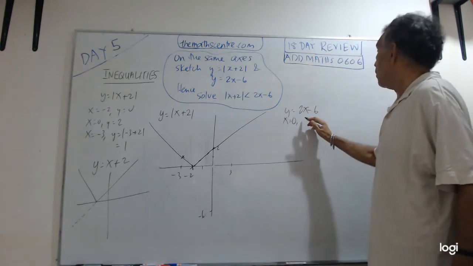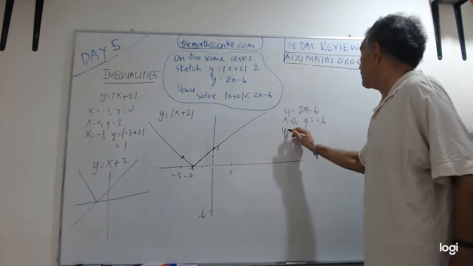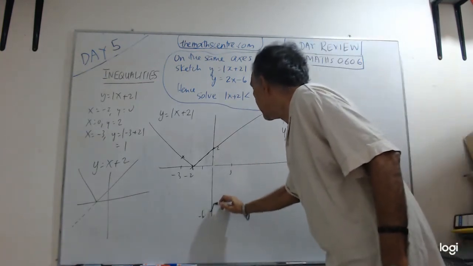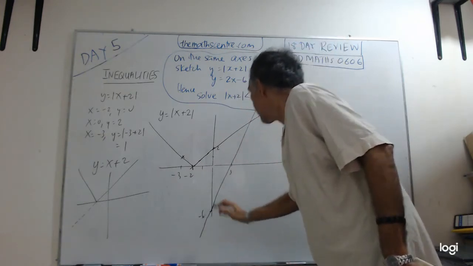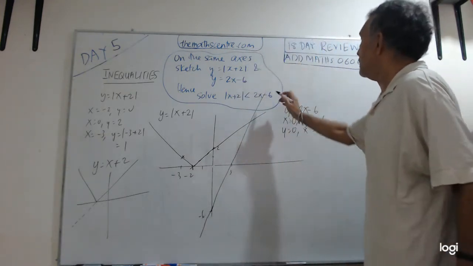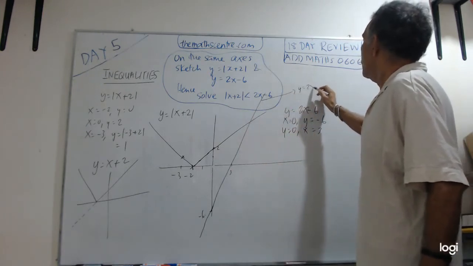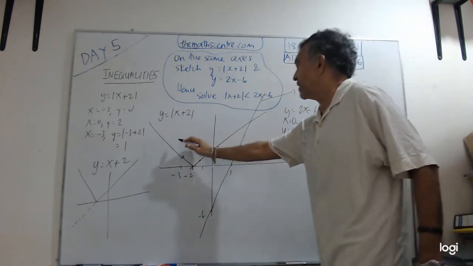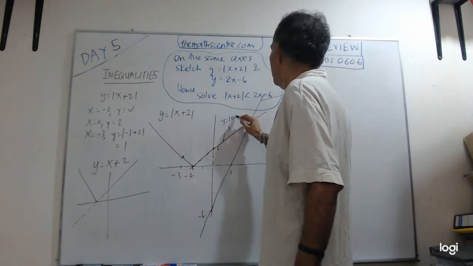When x is 0, y is minus 6, and when y is 0, we have that x equals 3. So let's draw this line. We have a straight line. This line here is y equals 2x minus 6, and of course, this graph is y equals |x + 2|.